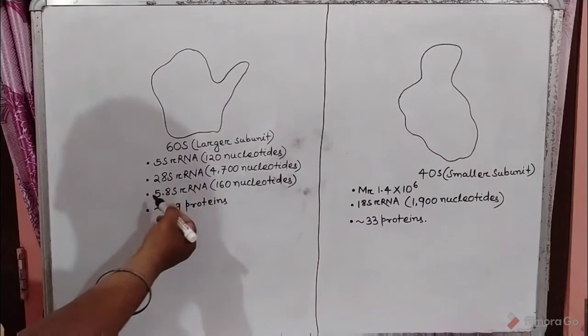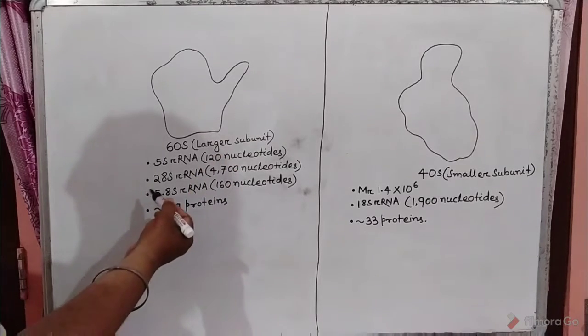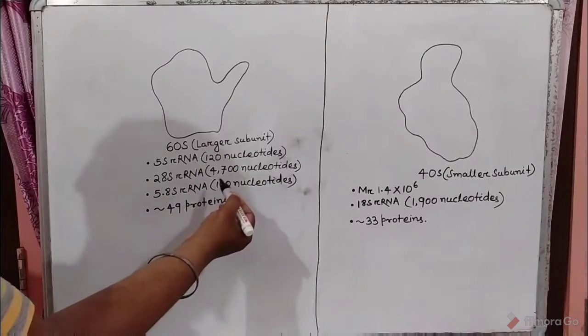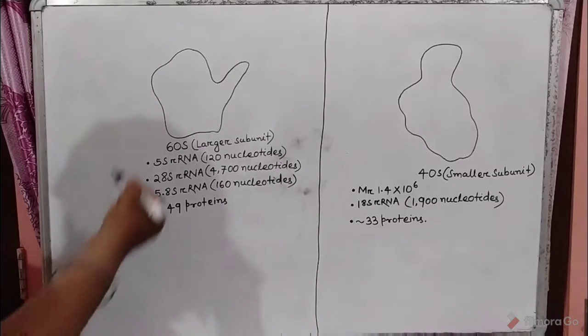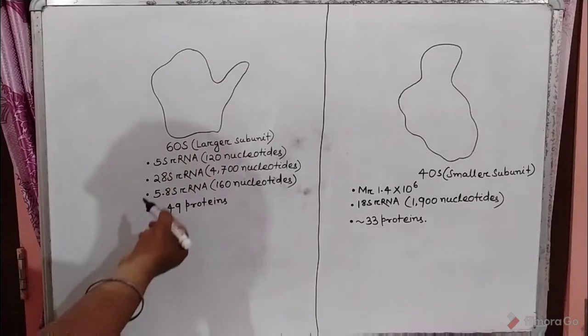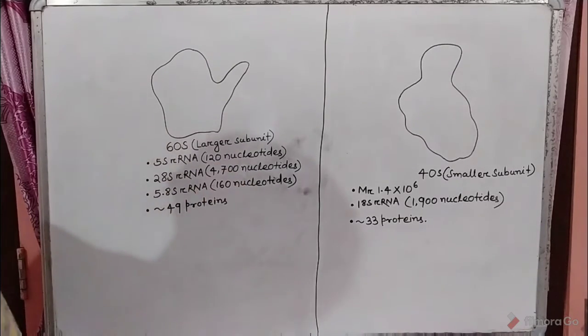It also contains 5.8S rRNA, which contains 160 nucleotides. The 60S subunit contains about 49 proteins.